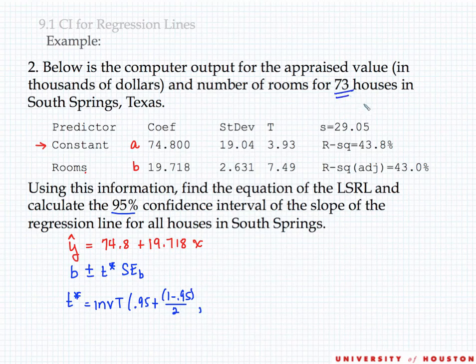Our n is the 73 houses, so our degrees of freedom is 71. This gives us 1.99 for our critical value.